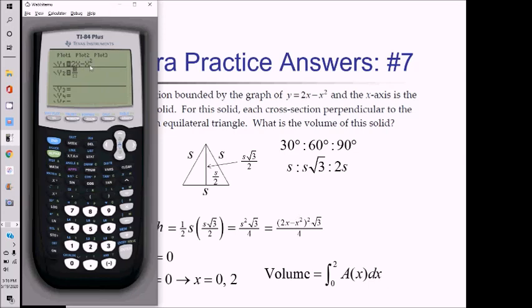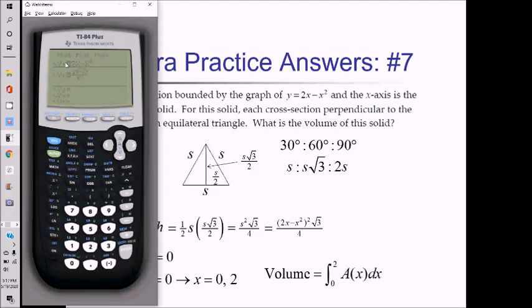Now 2x minus x squared is actually my y1 that I graphed earlier. So I'm just going to do alpha trace y1 and square that. So that's a little bit cleaner than what I could have written. Now I'm going to multiply that by radical 3. So there we go, radical 3. I'm going to have a 4 in my denominator. And there's my area function.